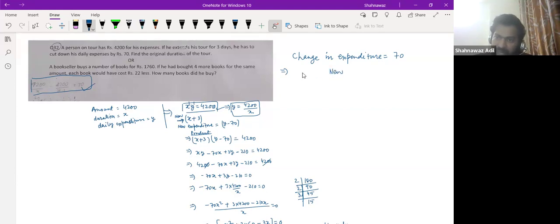Old minus new, that is 70, right? So old expenditure was what? 4200 by x. New expenditure is what? 4200, and you are increasing the days. Oh, we have written x minus 3. You are increasing, right? So this should be plus 3, right, Shaima?